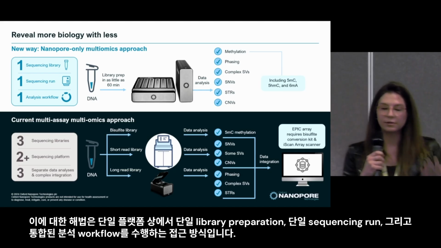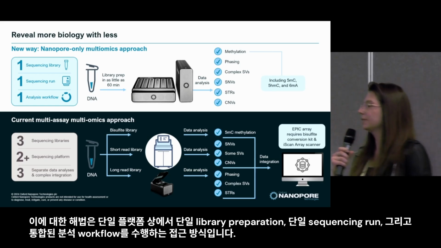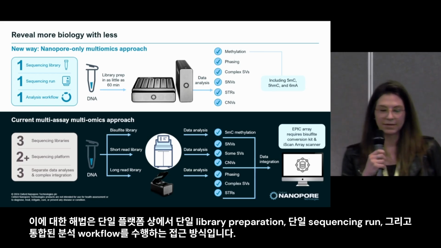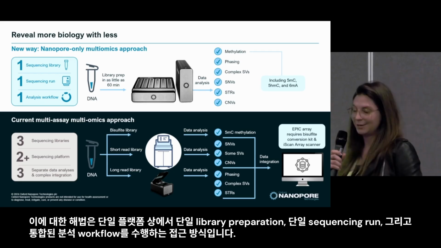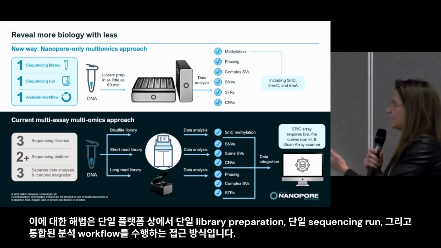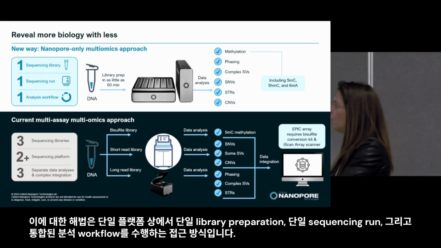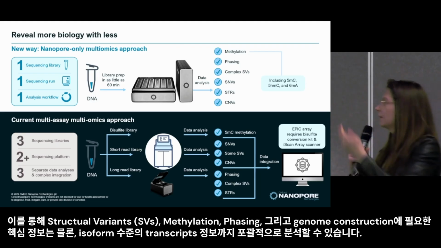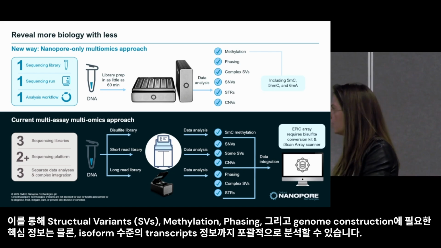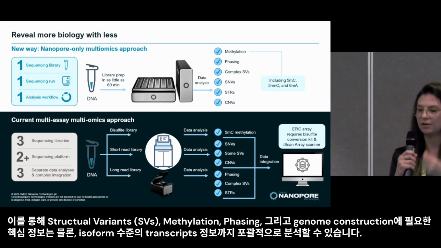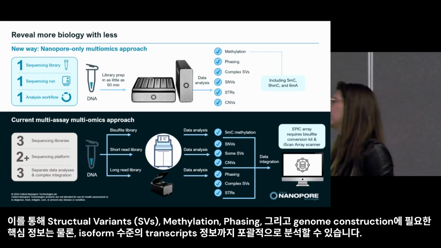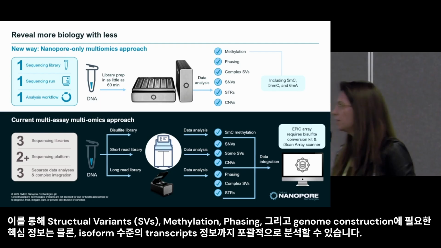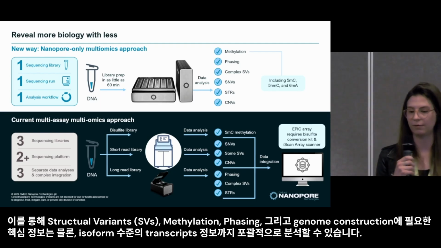And so the solution that we offer is a single prep type, a single sequencing run, and a single analysis workflow on one platform to get at all of these same structural variants, methylation, phasing, anything that you would need to construct a genome and then look at isoform information as well.